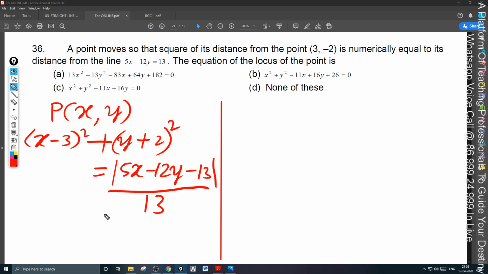Option C, you answered it. Okay, that's good. Let me write that. 13x square minus 25y square minus 12x square, and it is 13y square, numerically equal to its distance from the line. 13y square, it is 144y square.